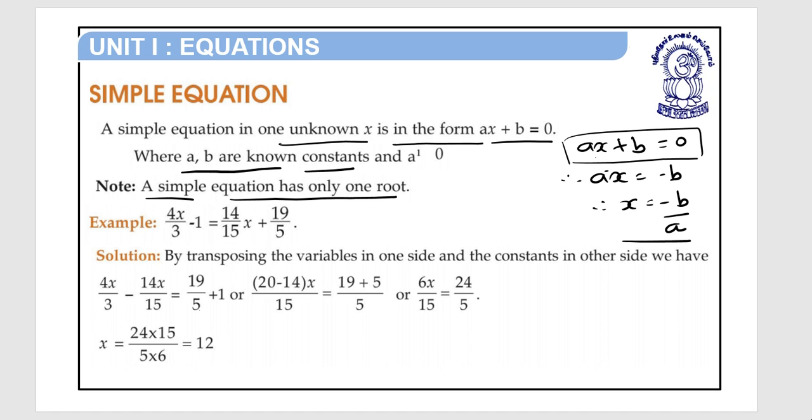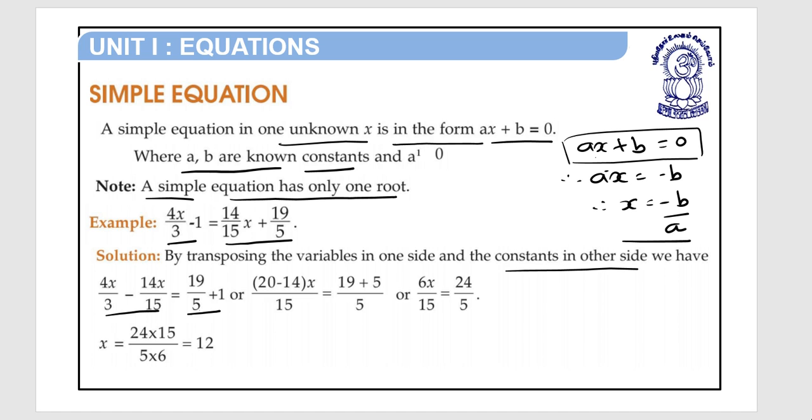Example: 4x/3 - 1 = 14x/15 + 19/5. Now the solution is, by transposing the variables to one side and the constants to the other side, we have 4x/3 - 14x/15 = 19/5 + 1. The LCM of 3 and 15 is 15.